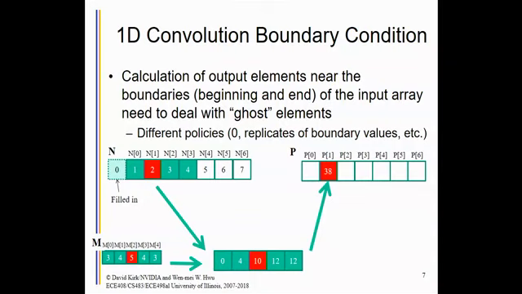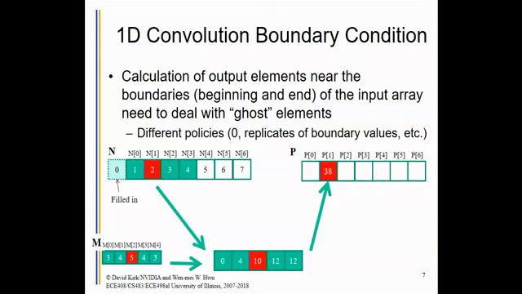So we need some kind of policy to take care of these missing values. A very common technique is to define these missing values as 0. That is, if they don't exist, for the inner product, make sure they don't affect your outcome. So the very common policy is to assume that they're 0. But there are many other policies that also make sense.